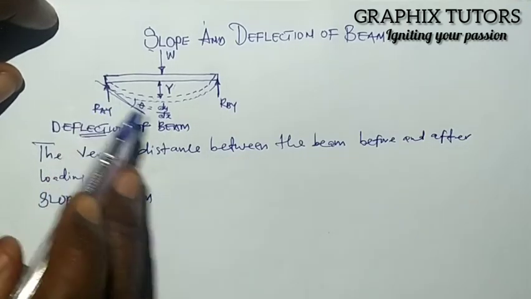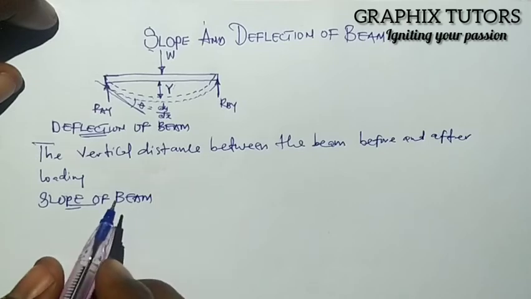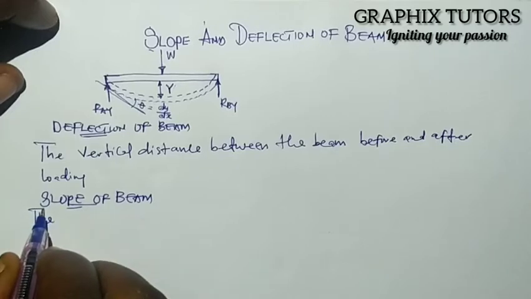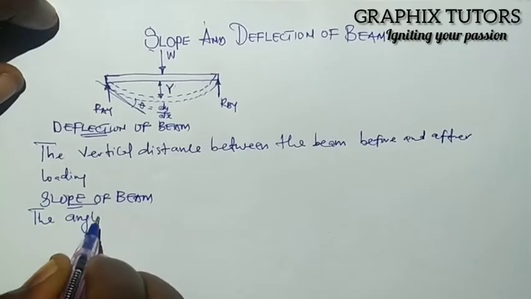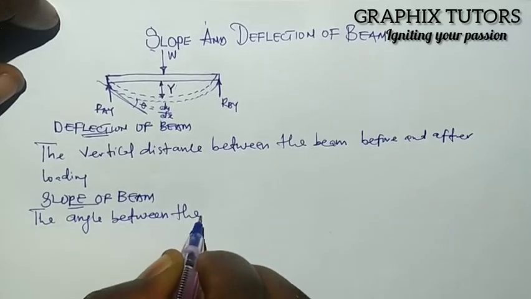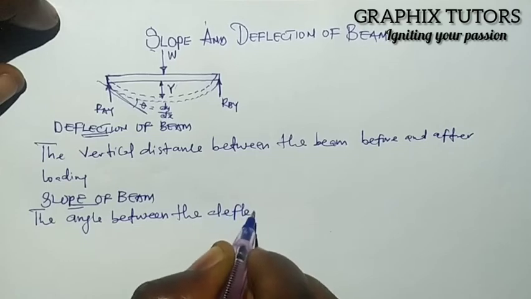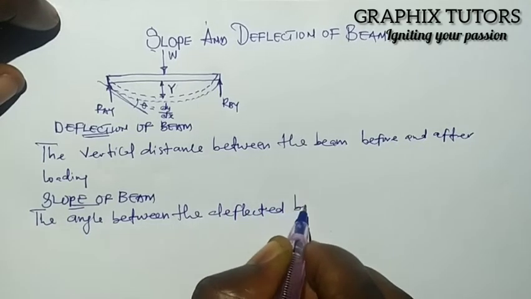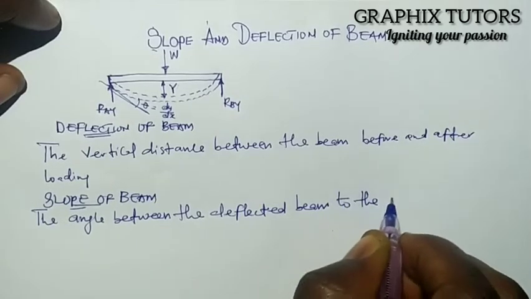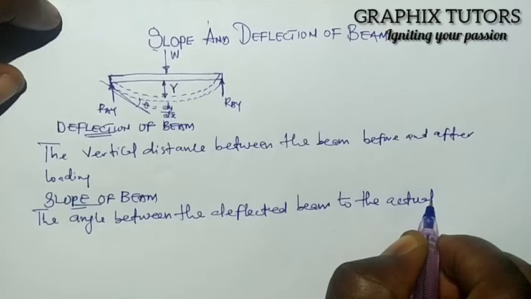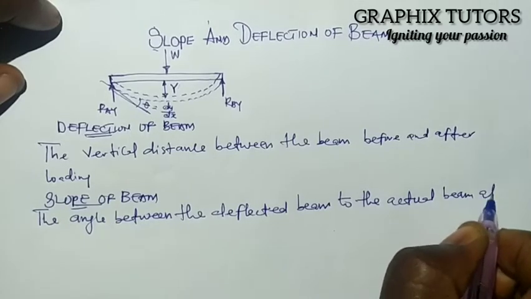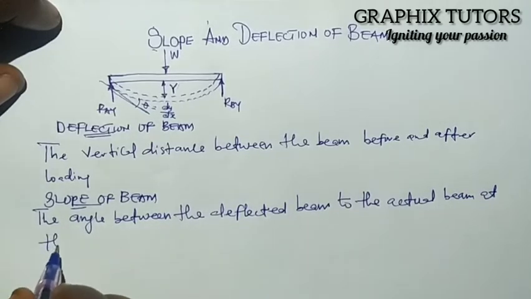So I can write it as the angle between the deflected beam to the actual beam at the same point.